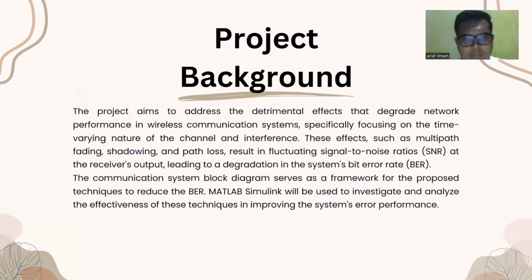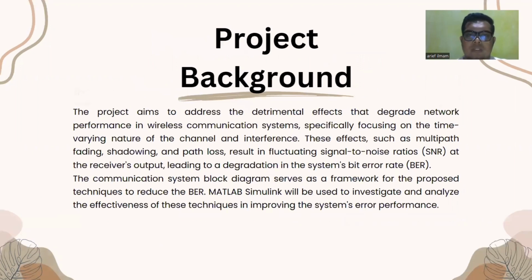So I'm going to talk about the project background. The project aims to address the fundamental factors that degrade the performance of wireless communication systems, especially focusing on the time-varying nature of the channel and interference. These effects, such as multipath, shadowing, and path loss, result in fluctuating signal-to-noise ratios at the receiver's output, leading to degradation in the system's bit error rate.